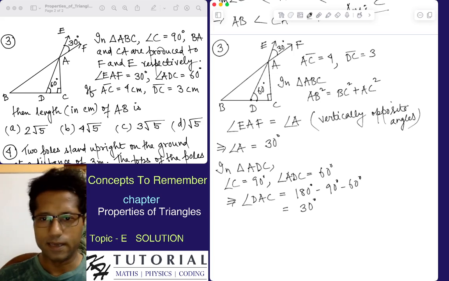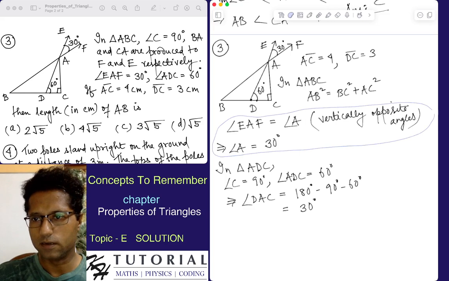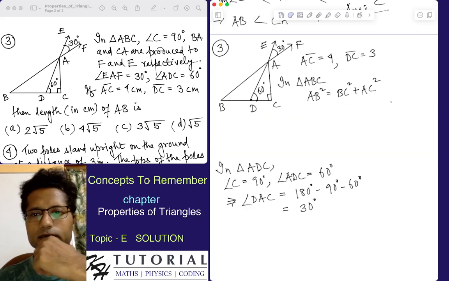So now angle BAD will be a vertically opposite angle to angle EAF.